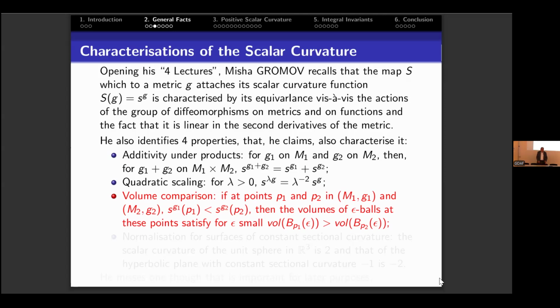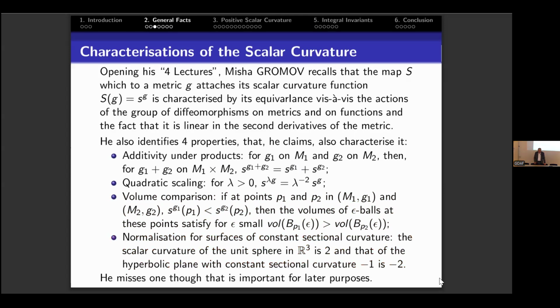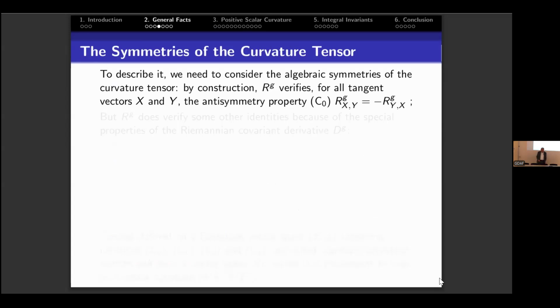So in a sense, it claims that the scalar curvature controls the growth of volume in some way. And then you need some normalization at some point, of course, which is that if you take the scalar curvature of the unit sphere in three-space, you find the number 2. And if you look at the hyperbolic plane, constant sectional curvature -1, then you get -2. And as I said, there is one missing, but I won't talk about that.